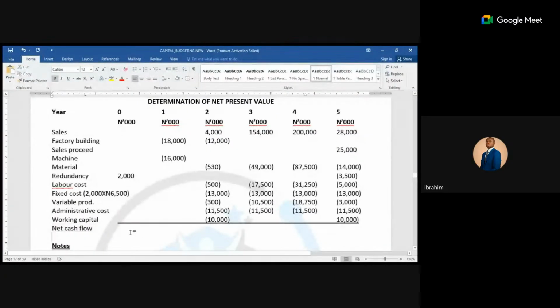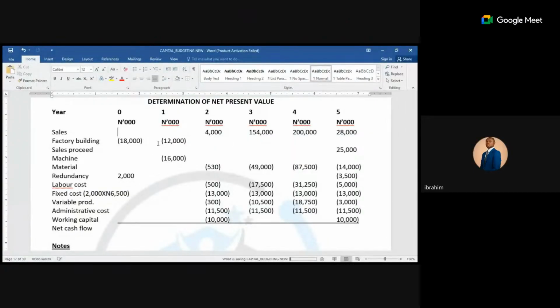Year 0, $18 million. Where did we see 18 million to be in year 1? Let's check. Hello, class. Who put this 18 million here? It's meant to be in year 0. Okay, year 0, 18 million.